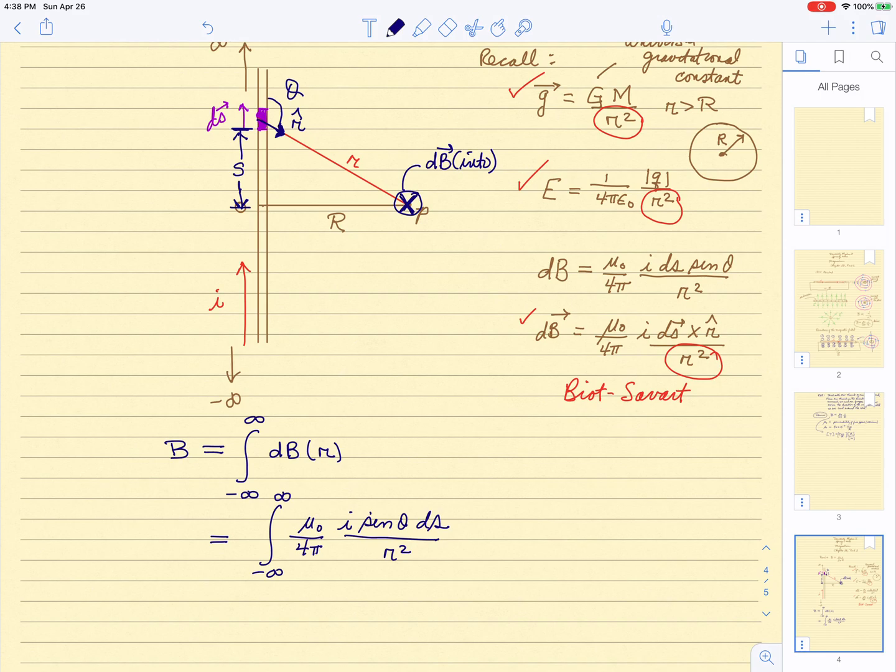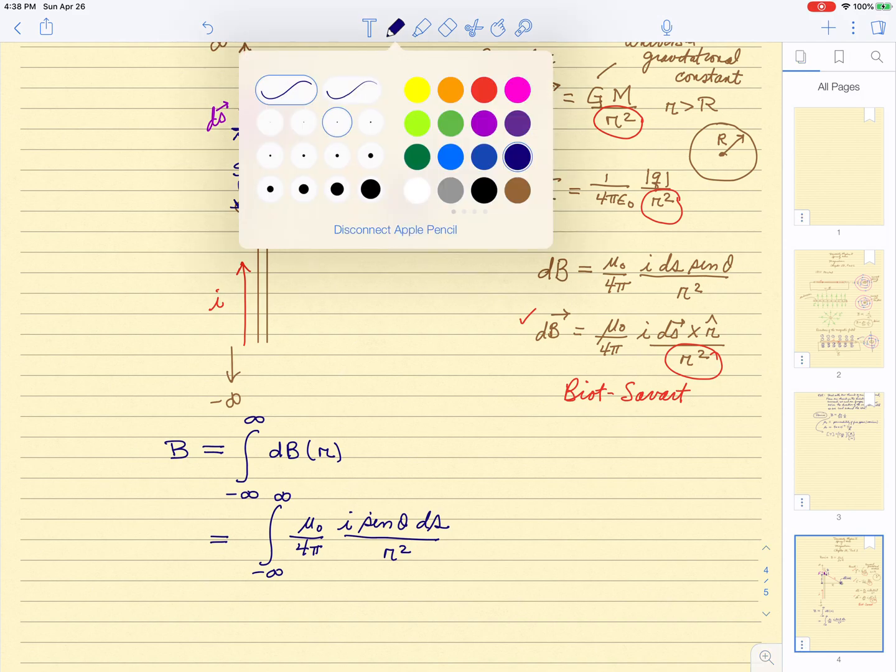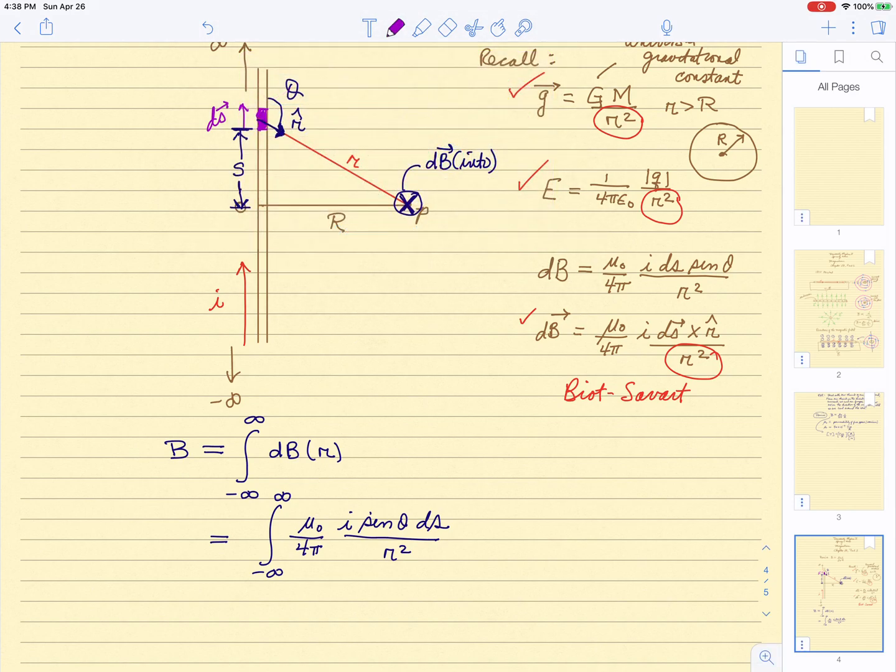Now, hopefully all of you see that symmetry is important here, because if we took a little chunk of current from here at the same distance r, you would see that there's a symmetry there.